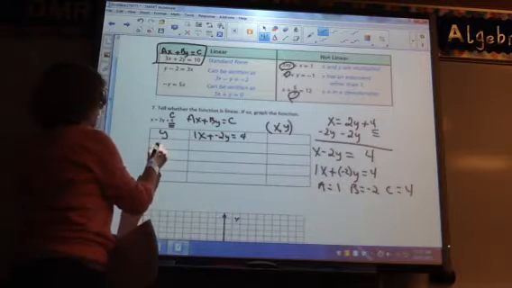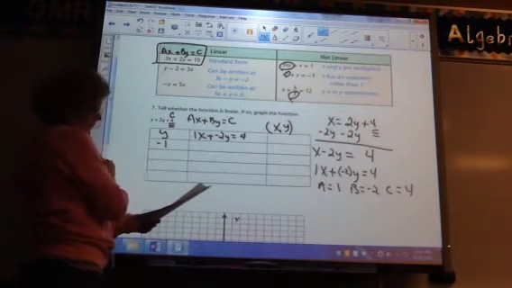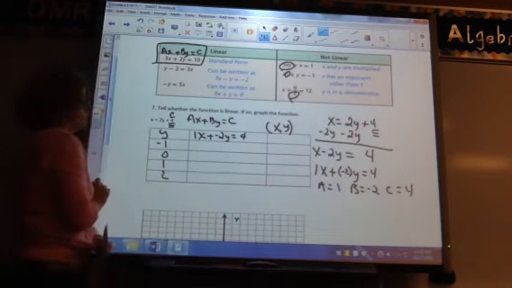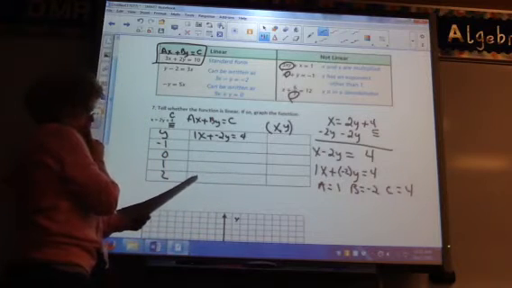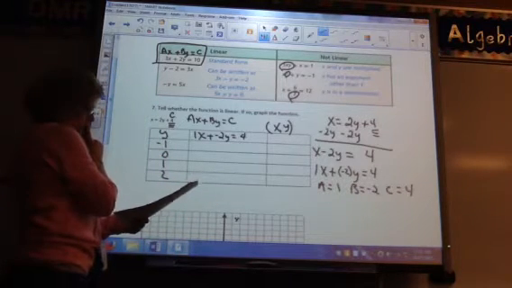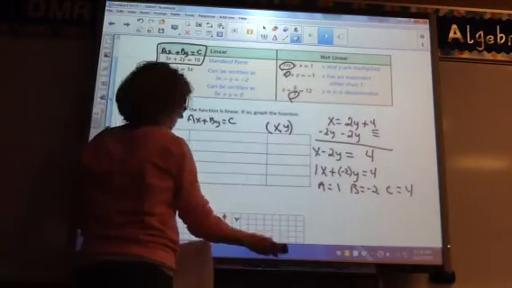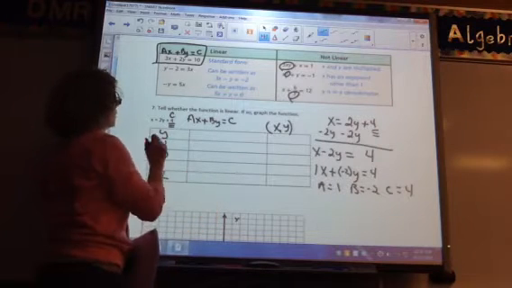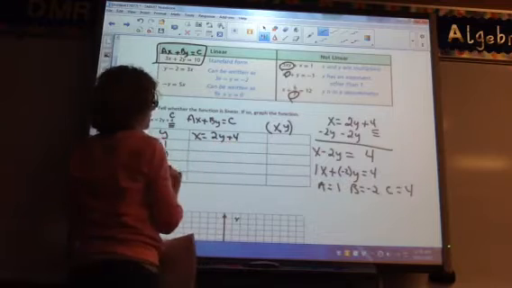So let's substitute in negative 1, 0, 1, and 2. Okay. Actually, guys, let's change this to this equation so we can substitute in for y easier, okay?